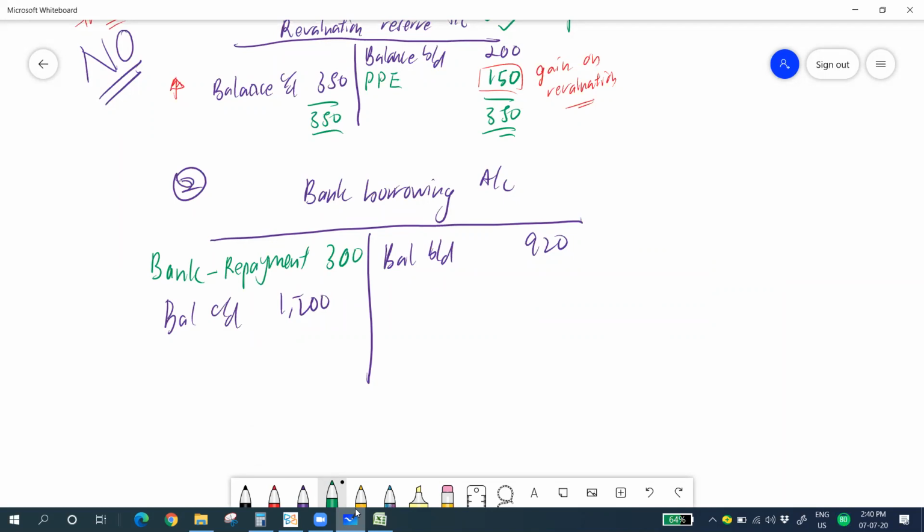300,000. So we know the total is 1,005. We have a missing information, which is 580 here. So can you tell me what is the nature of the transaction for this 580? What does this 580 represent?